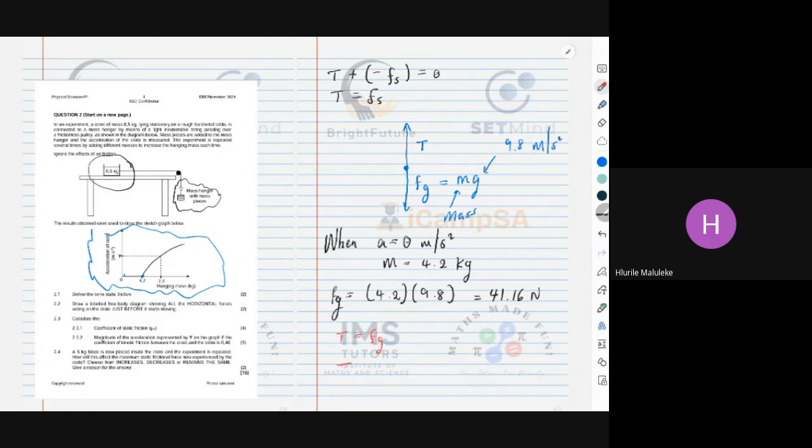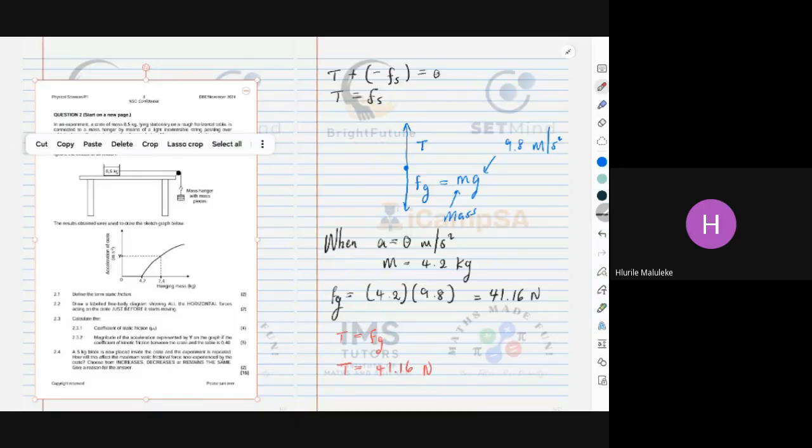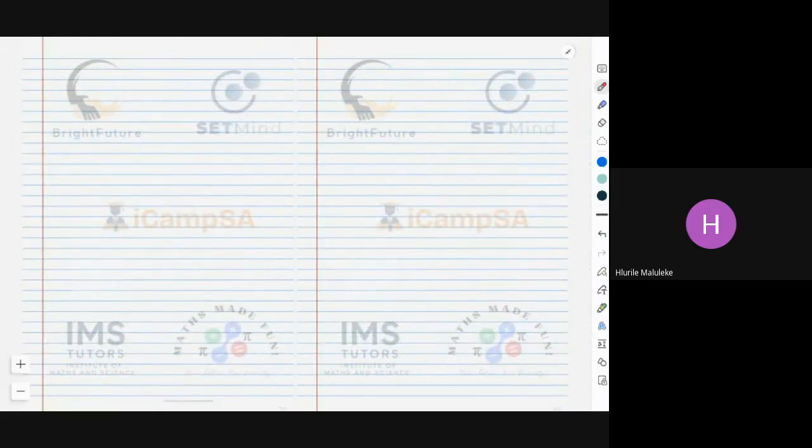So that means your T is equal to 41.16 newtons, right? Then we go back to this part here, right? So if we go back to that part, let's move with our thingy again. Don't need to copy it. Let me just try pasting.